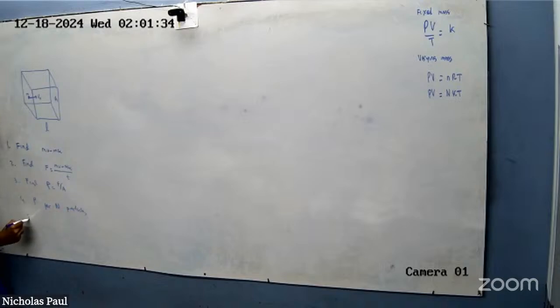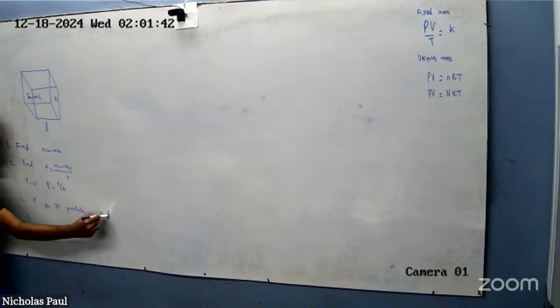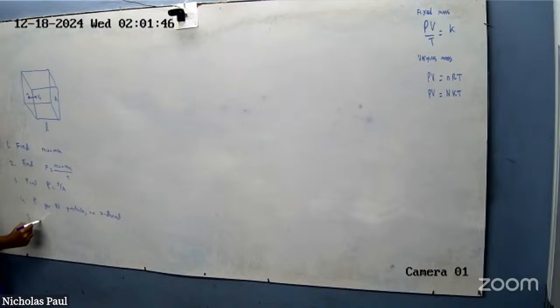After that, we did n particles in one direction. Then we did it in all three directions, x, y, z. So these are the 5 steps that you technically have to take.